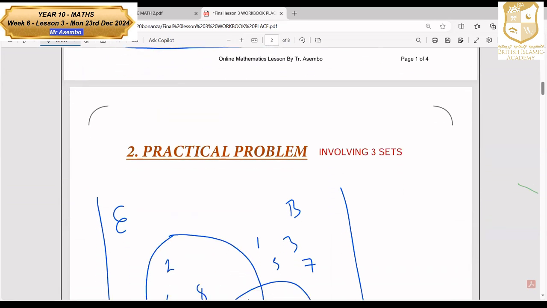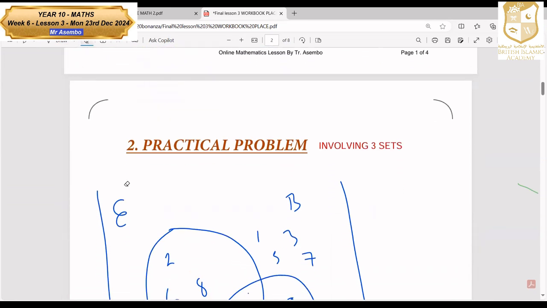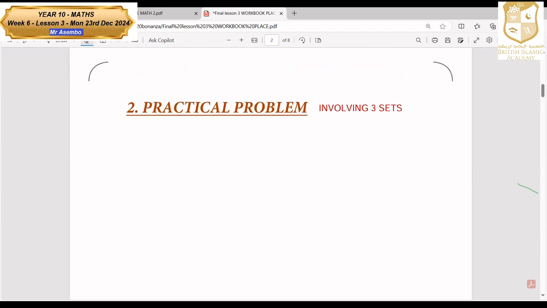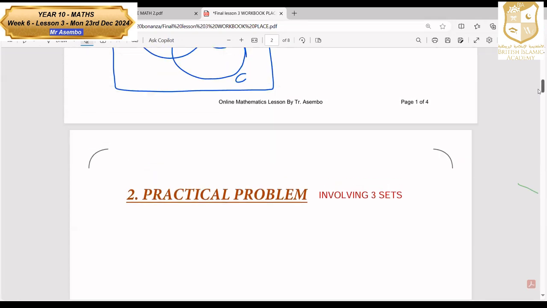Then I'll be able to refresh you on a 2-set problem first. Practical problems involving 3 sets.